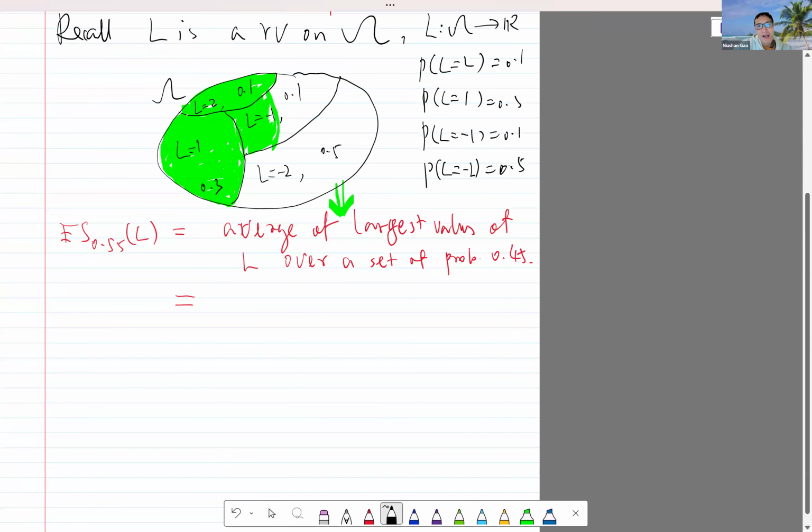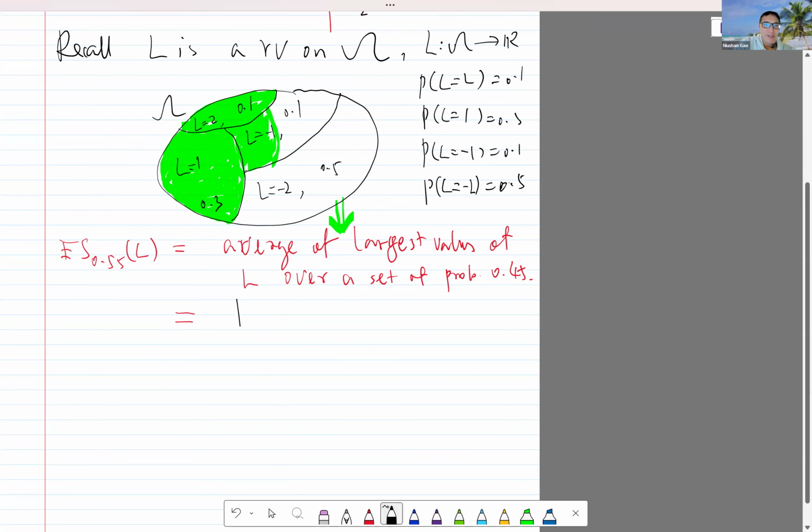I just need to take an average of the largest values of L with probability 0.45. As in the graph above, the largest value 2 times the probability 0.1, plus the second largest value 1 times probability 0.3.